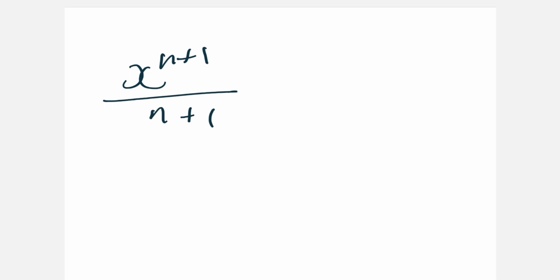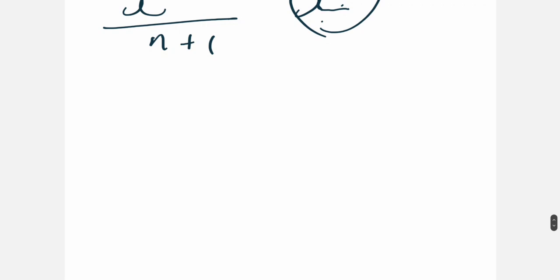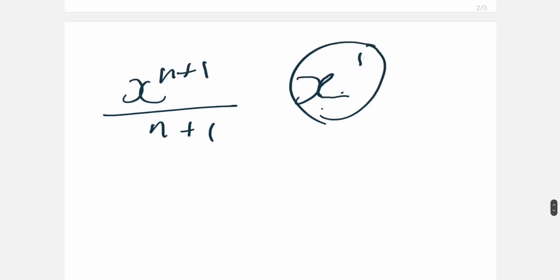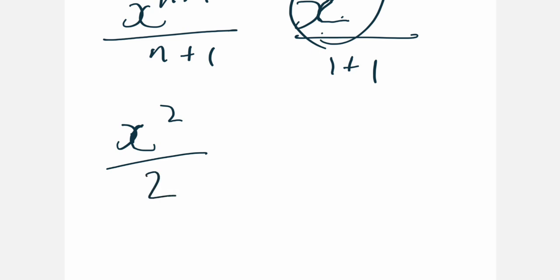So if we use this, x is x to the power of 1 here. You see this? x to the power of 1. So we turn this equation, so we have x to the power of 1 plus 1 divided by 1 plus 1. So that becomes x squared over 2. So here we are going to plug in the values 8 and 0.